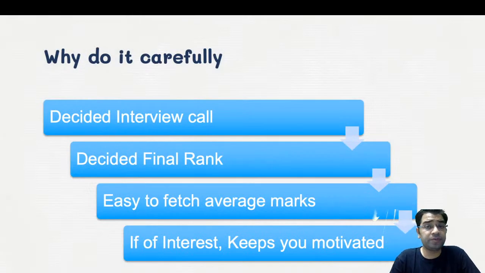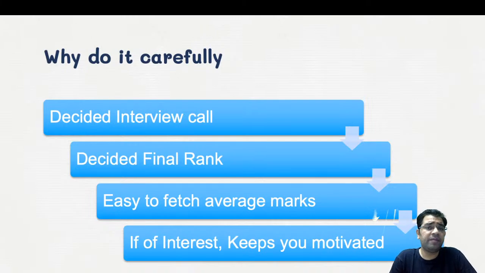Then why does the right kind of optional help you in cracking the examination? One thing is, it decides your interview call. If you have a good optional, and let us say you have got 300 plus marks in your optional only, then you will be getting some 150 marks, 140 marks in essay.